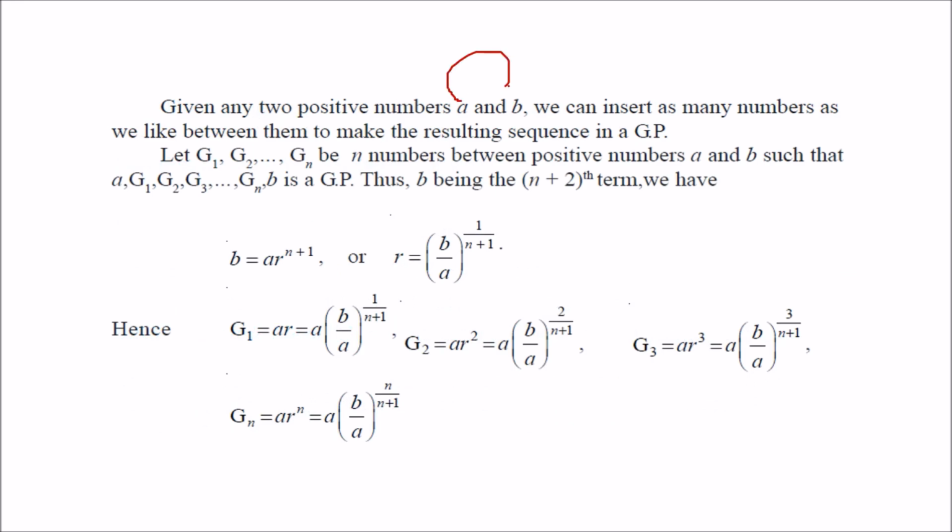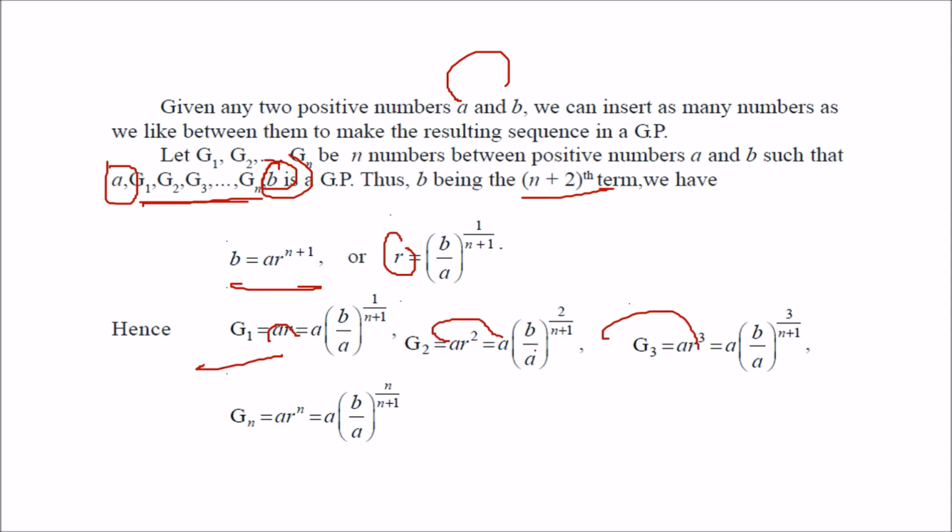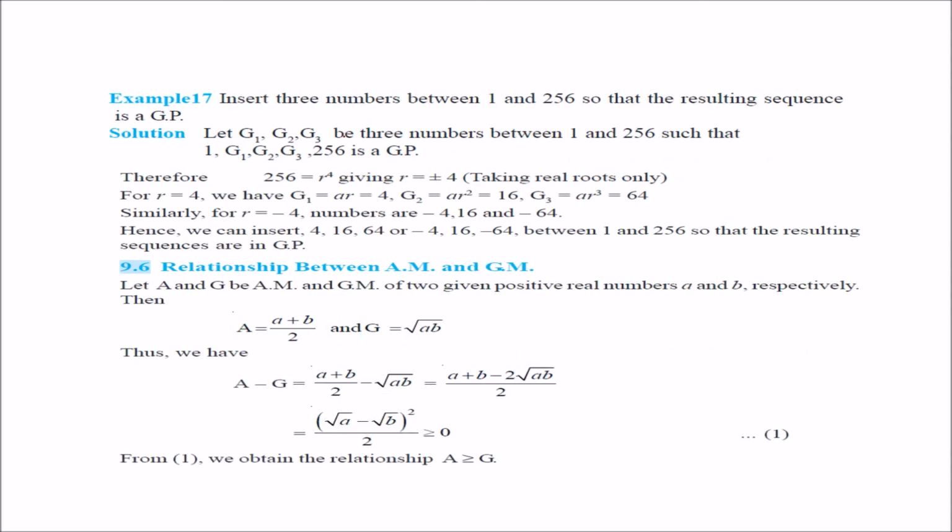So if you have A and B, and you want some n number of terms between them, these are n, this is n plus 1, this is n plus 2. So this B is actually the n plus 2th term. So B is equal to A R to the power n plus 2 minus 1, that is B is equal to A R to the power n plus 1. So R you get (B/A) to the power 1/(n+1). So G1 is AR, G2 is AR square, AR cube, and so on. This is how you get.